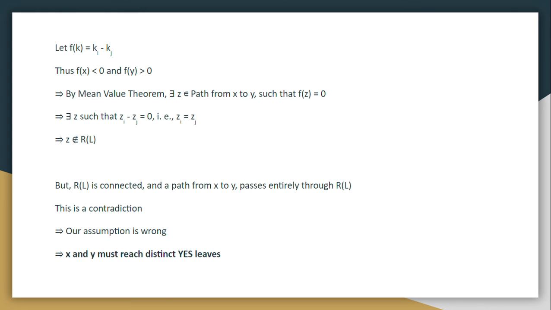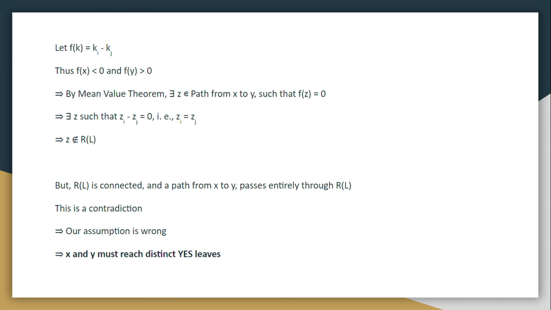If you are going from a positive valued function to a negative value or vice versa, you are bound to hit 0 at some point. But what does this imply? This implies that there exists a z such that zi minus zj is 0, right? Because that's how the function f is defined. f(z) is 0, so zi minus zj is 0. That is, zi is equal to zj.